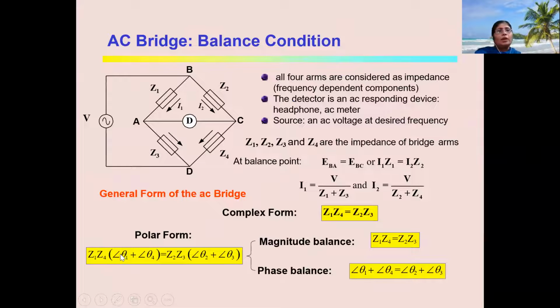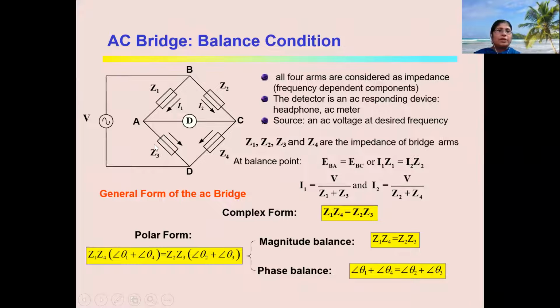Similarly, the AC bridge also has impedances in 4 arms. But this bridge is used for the measurement of inductor and capacitor values with the help of the balance condition. Here the impedances Z1, Z2, Z3 and Z4 are connected in the 4 arms.